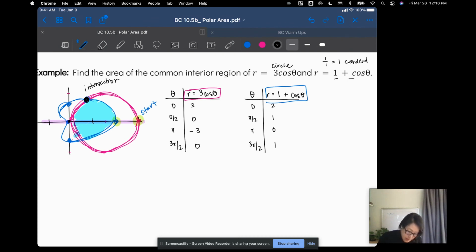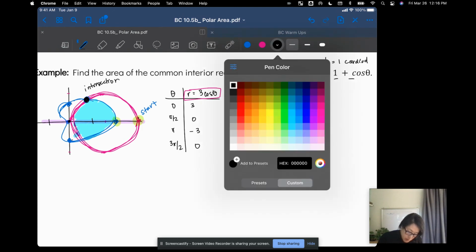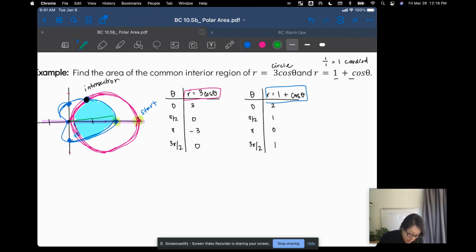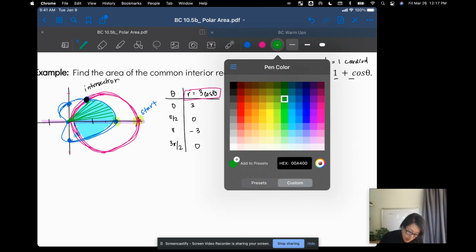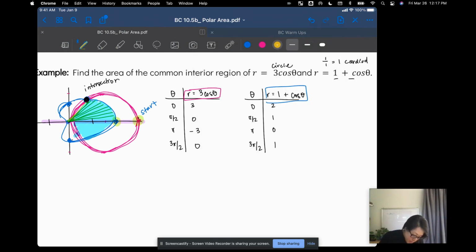One that is under the cardioid. Okay, so here's all the radii that make up the area under the cardioid. And then we have a tiny, teeny bit of area that is under the pink, the circle, and it goes like that.